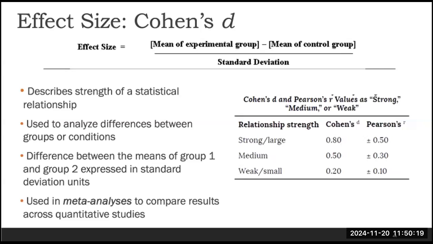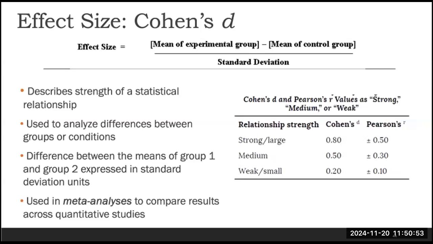So if you want to see how big of an impact the amount of sleep has on cognition, you could look at all the research that has been conducted over the last 20 years, track the correlations they find between amount of sleep and cognitive ability, and then use Cohen's d to determine how strong that effect of sleep on cognitive ability is.